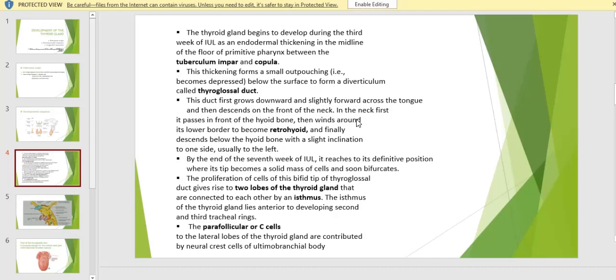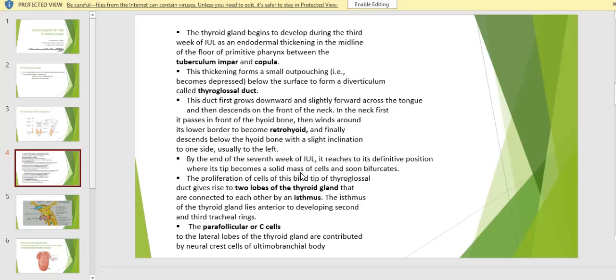In the neck, first it passes in front of, or ventral to, the hyoid bone. Then what does it do? It winds around its lower border to become retrohyoid, and finally descends below the hyoid bone with a slight inclination to one side, usually to the left.